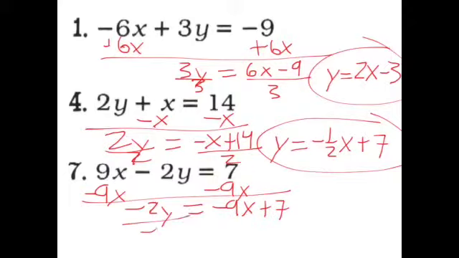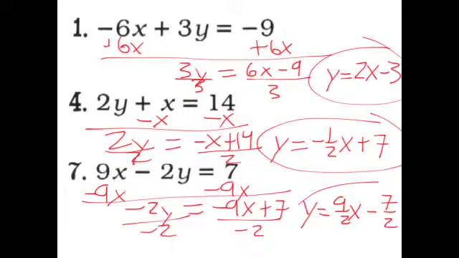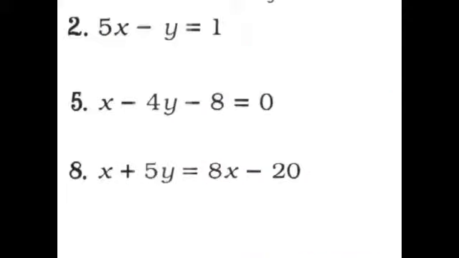We need to divide everything by negative 2, and so when you do that, you're going to get y equals 9 halves x, because negative divided by negative is positive, and then negative 7 halves. And there's the answer for 7.